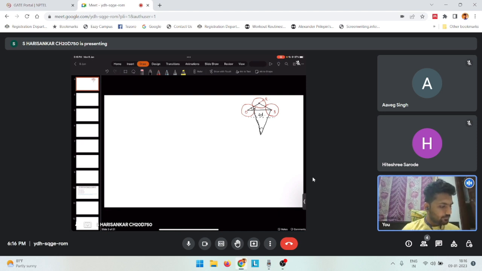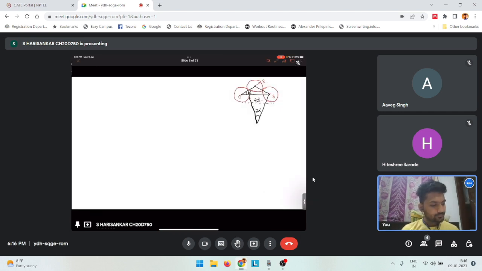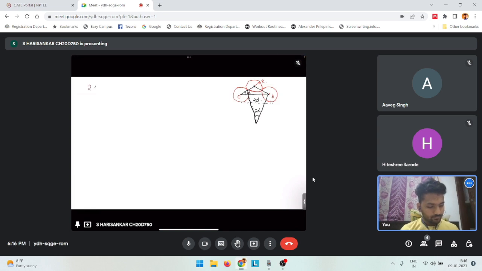So this angle will become 2 alpha, and this 2 alpha is called the angle of nip.